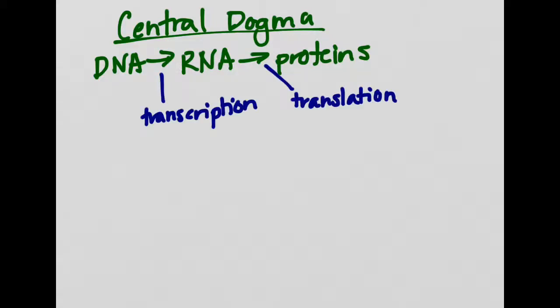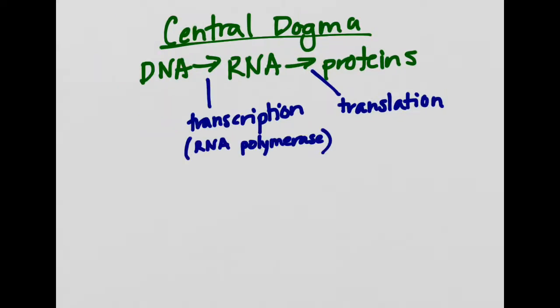Transcription is the synthesis, or making, of an RNA copy of a segment of DNA, and this is synthesized by an enzyme called RNA polymerase. That's just a general idea, and we will go into the specifics of transcription and translation later on in the term.